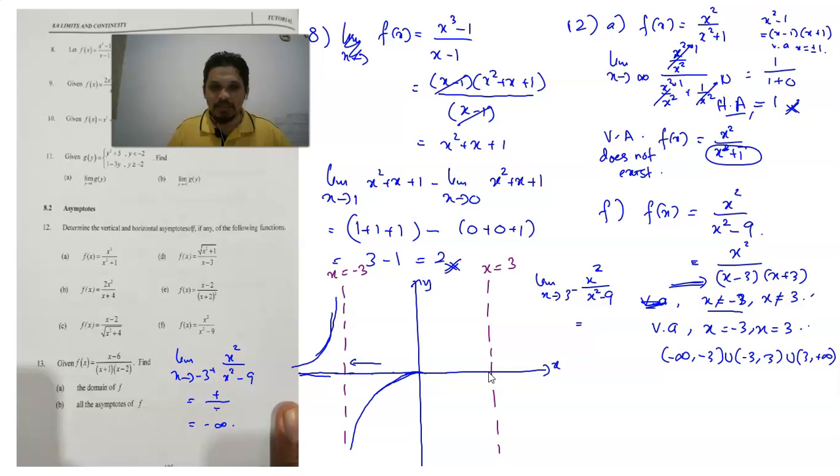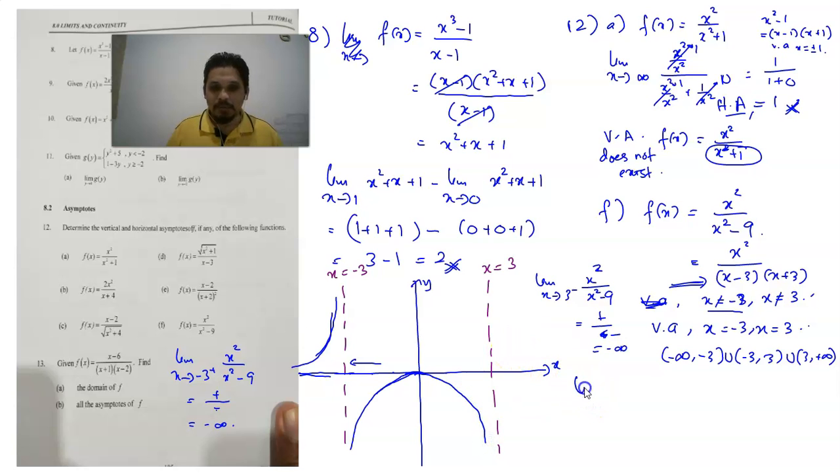Just imagine 2.9 here. 2.9 squared is positive, 8.41. 8.41 minus 9 equals a negative value. So positive divided by negative equals negative infinity. So the graph will be falling down again.